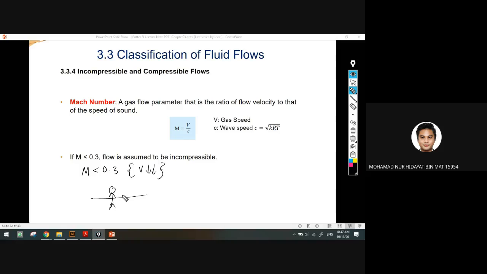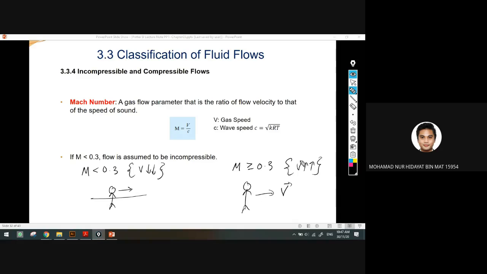You realize that your velocity is very small, and the smaller velocity reflects a lower Mach number. If the Mach number is more than or equal to 0.3, that means it involves air, so your speed is much faster and the velocity is higher.